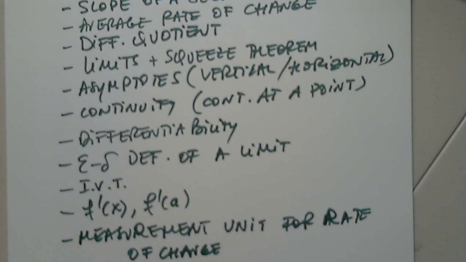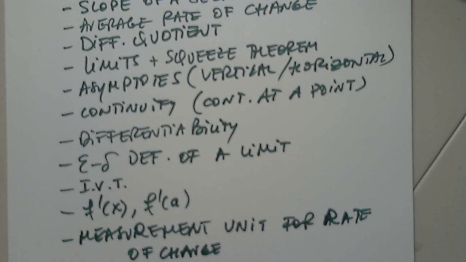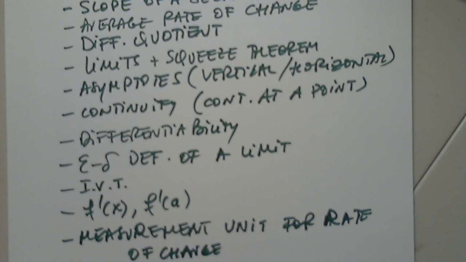When we differentiate x, so this is plain x, not a function. Well, x is a function, but not a function composition, to the nth power. And we differentiate this.